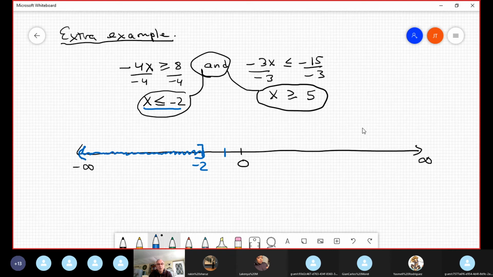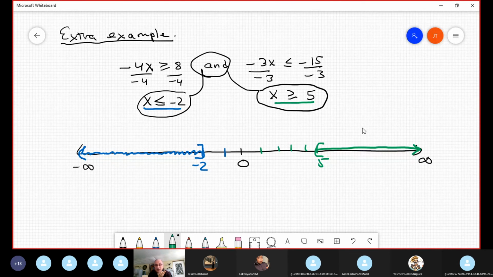And the second part, green color, is green. And 5: 1, 2, 3, 4, and 5. It is to the right, include 5 with a bracket because it's equal. Okay, so I need to connect the blue interval and the green interval.